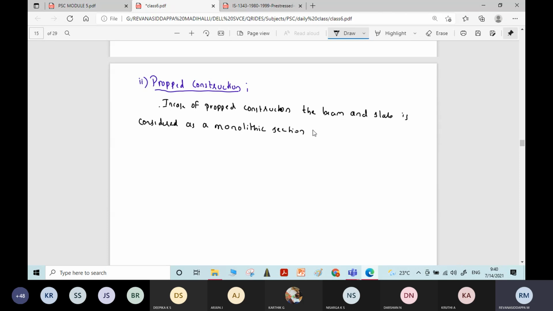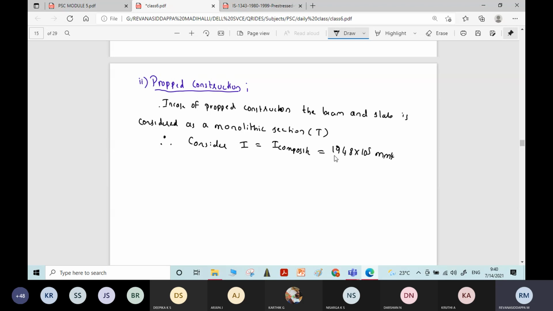Therefore, consider the moment of inertia as the moment of inertia of the composite section. It is given as 1948 into 10 power 5 mm4.